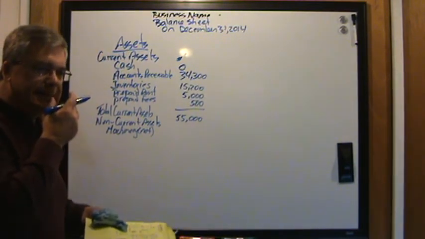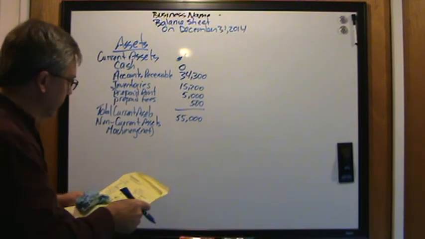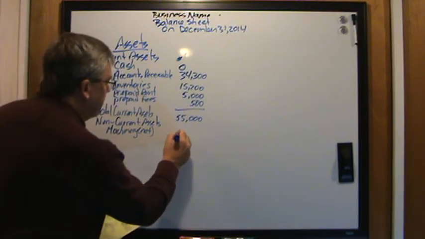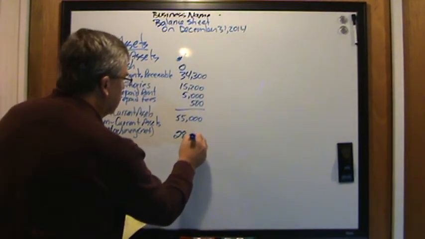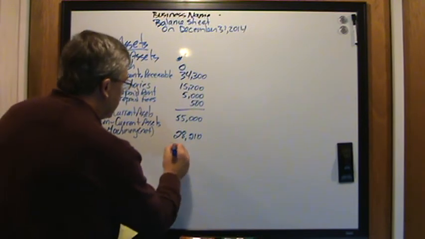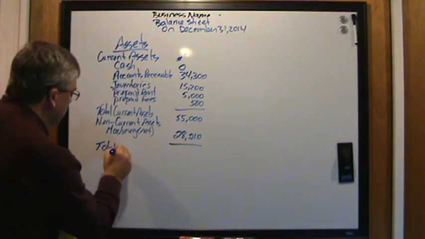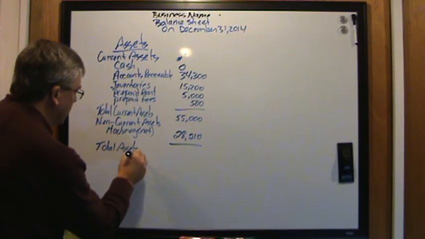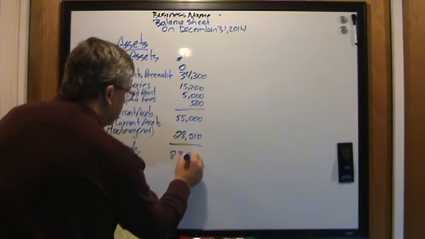We've subtracted the accumulated depreciation from the original value of those. And if you remember the number that we calculated, it was 28,210. So total assets equal 83,210.